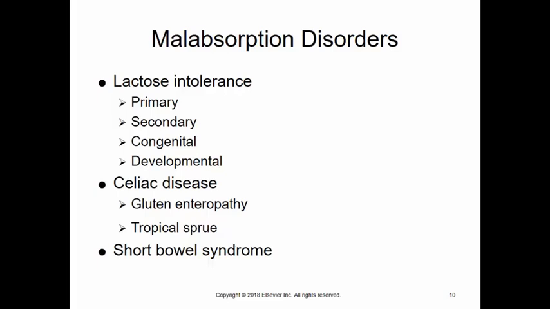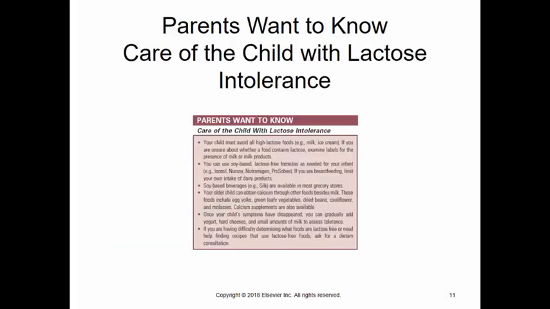Malabsorptive disorders. We already talked about celiac disease, but lactose intolerance is the most common of malabsorption disorders. It's the absence or deficiency of lactase, the enzyme that breaks down lactose. And it can be congenital, but that's very rare. And that would be like the actual complete inability to make lactase.